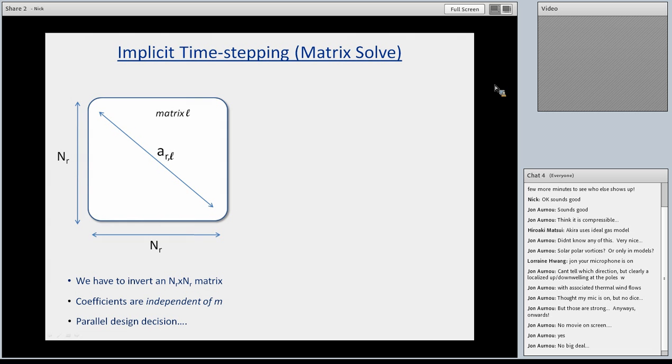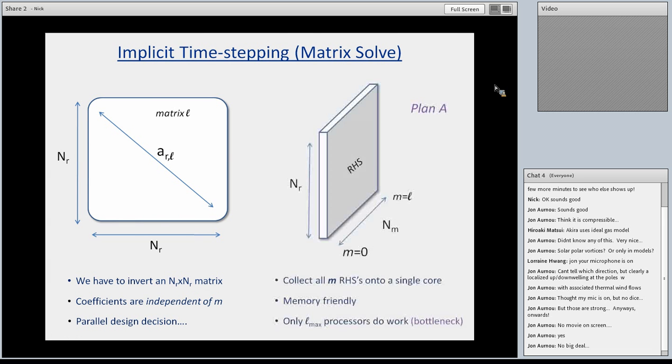And so what we did for a long time is what I refer to as Plan A. We would collect all of the M values for each L onto a single core. So one core would be responsible for inverting that matrix and solving for all of those right-hand sides.